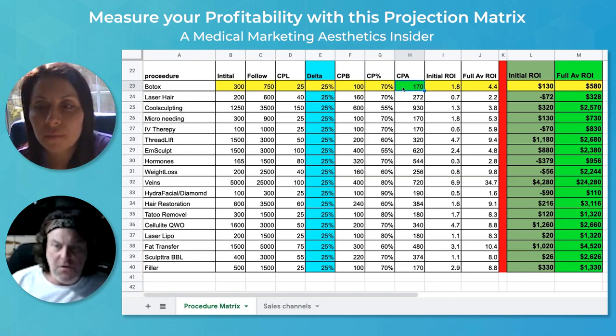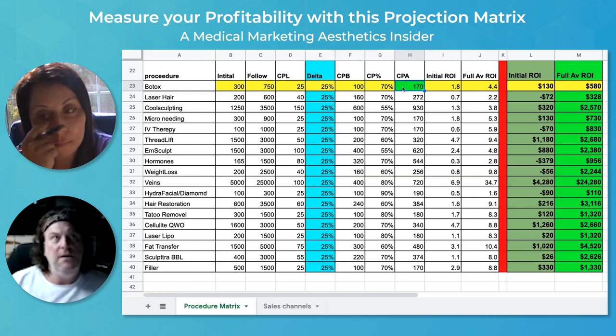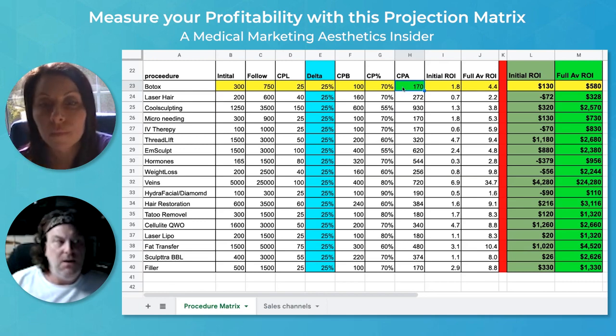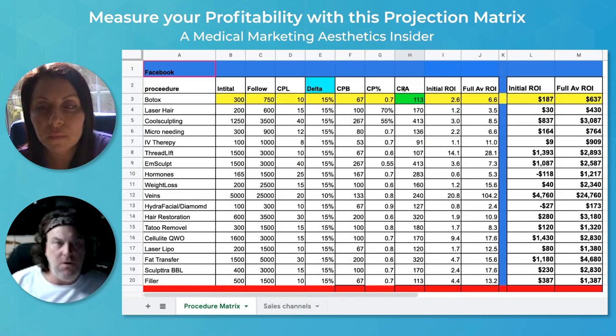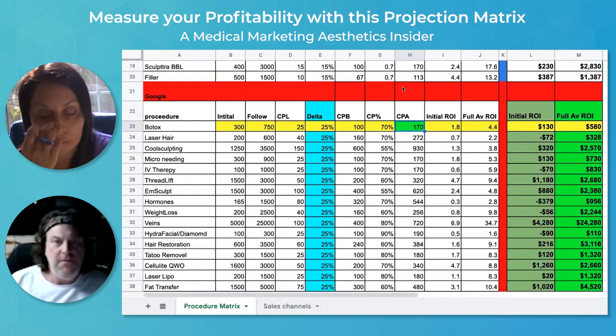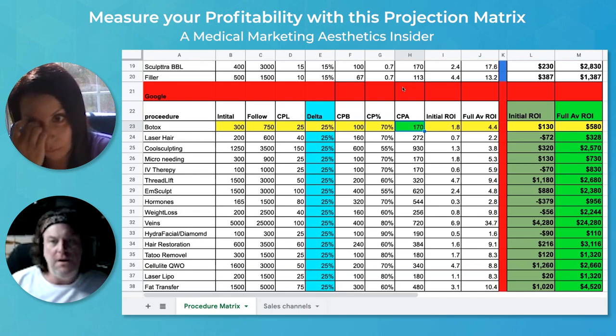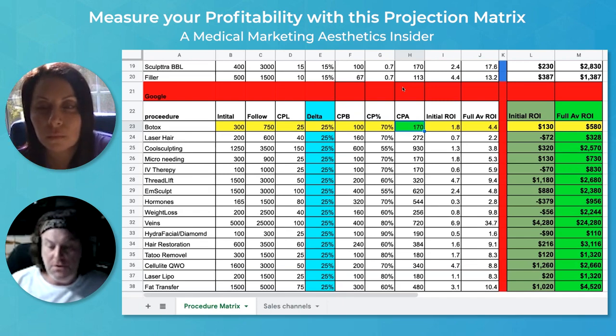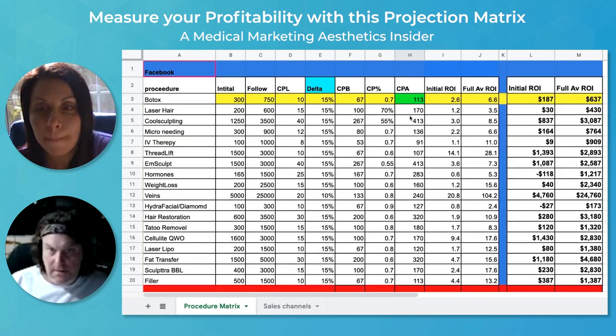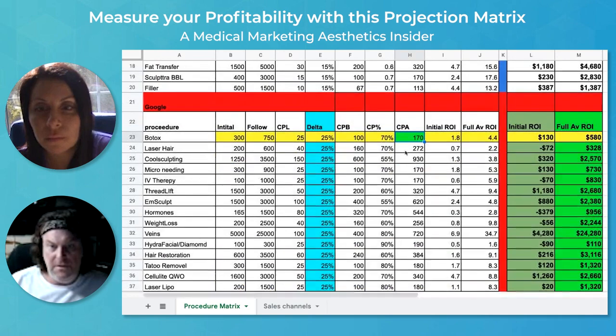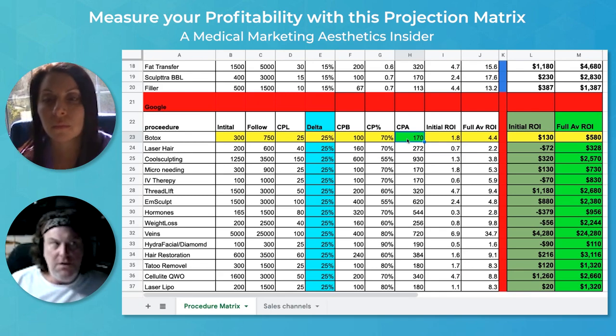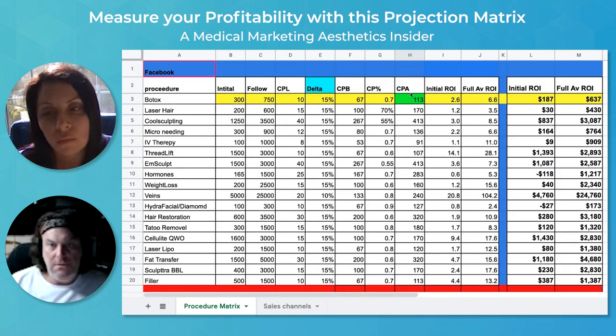This is why people prefer, if they can, to put money in Google, because they don't have to do as much work. They pay more for that, but this difference of, let's say, $50 or so of cost per acquisition is the time it takes to convince this patient.